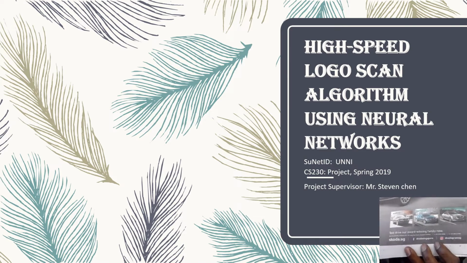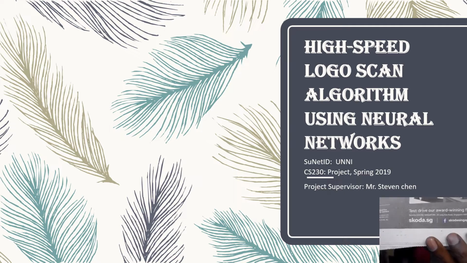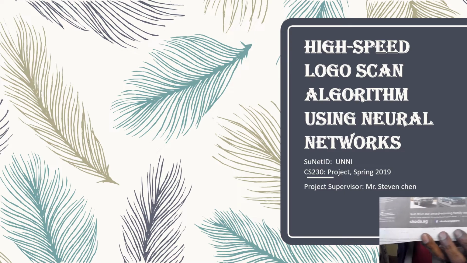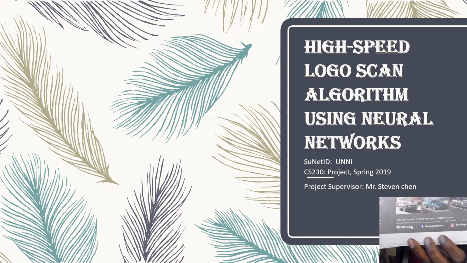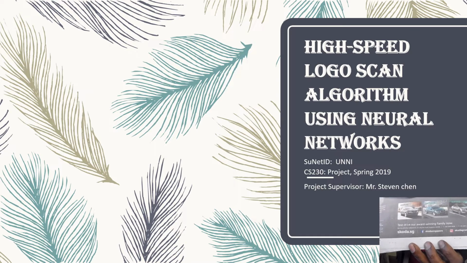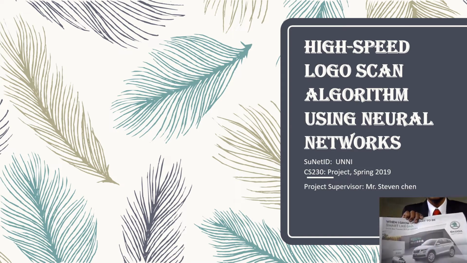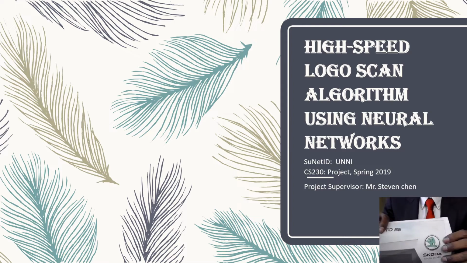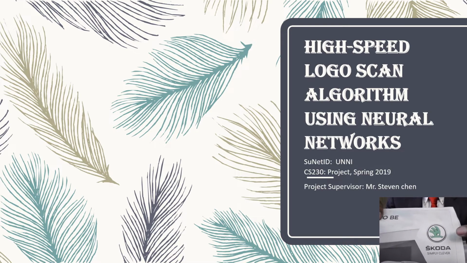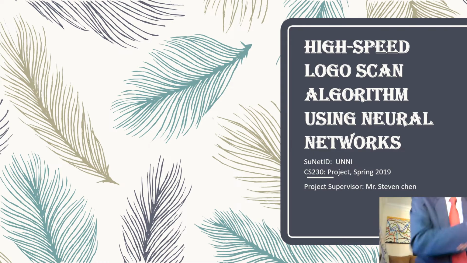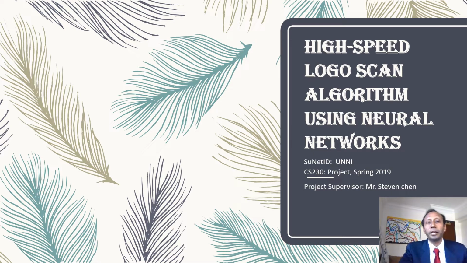Instead, the company uses the company URL or Instagram or Facebook as a means of getting a lead from the reader. So I want to change the scenario by introducing a computer solution to scan these logos and use them as a means of communicating. Thank you very much, and let us look into the problem, how it is getting solved.